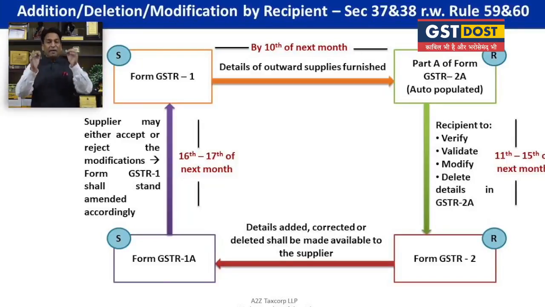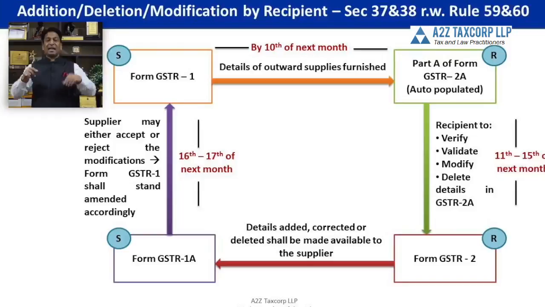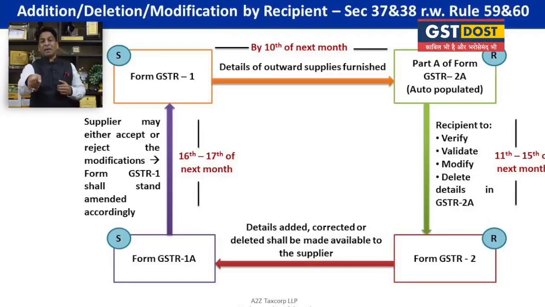If you have made any add or modification pertaining to my supply, I can see it in my GSTR 1A, and the option would be available to such supplier to agree with your add or modification. If I accept whatever add and modification you did while finalizing GSTR 2, then ITC matches between supplier and recipient.